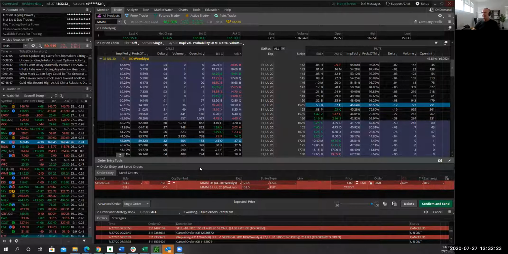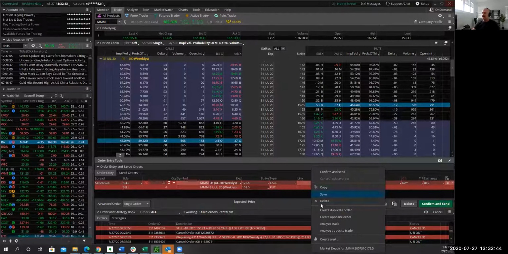Now, having said that, I would hate to go 10 contracts because I couldn't afford taking possession at $172,000. So I'd probably trade it small, 3 or 4 contracts depending upon your account size.